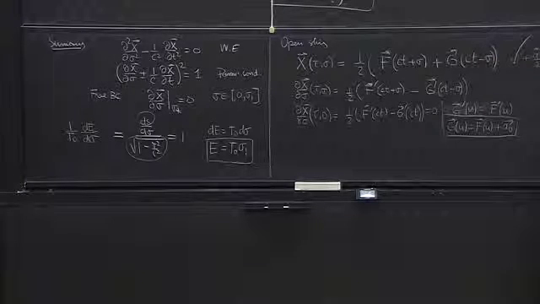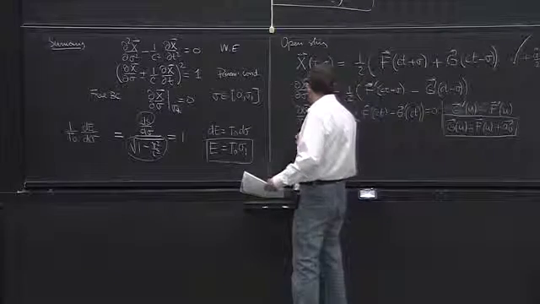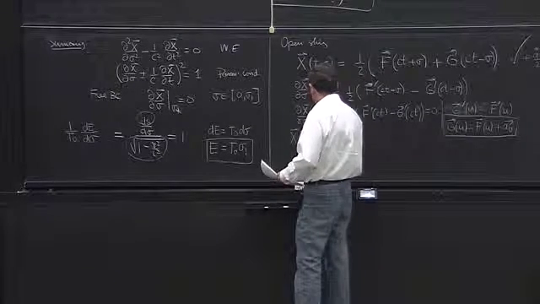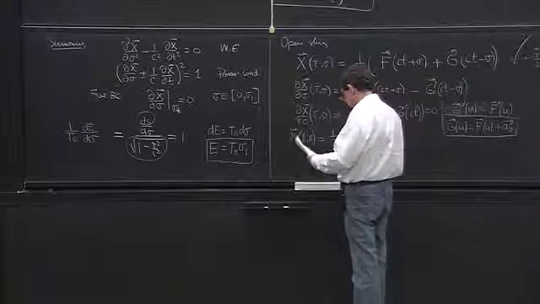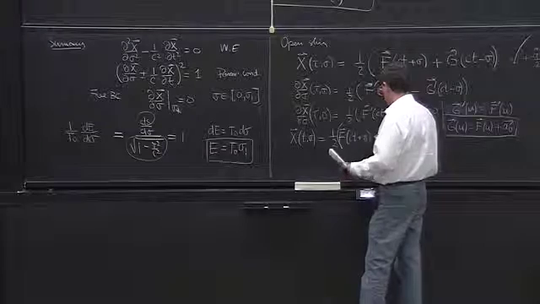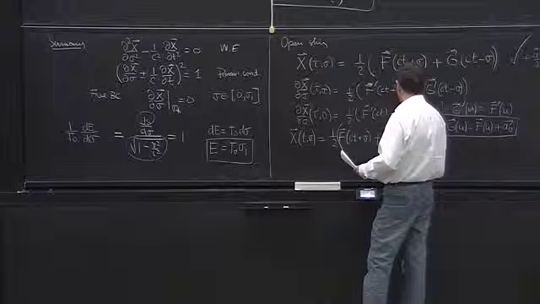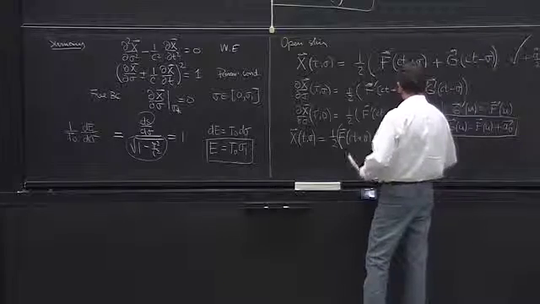That's another way of thinking that at the end of the day, what we have learned from here is that x of t and sigma is equal to 1/2 of f of ct plus sigma plus f of ct minus sigma. And that's the whole thing.